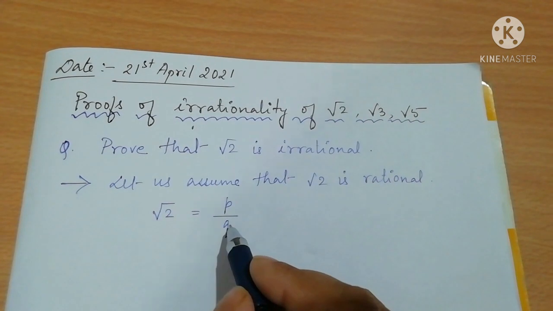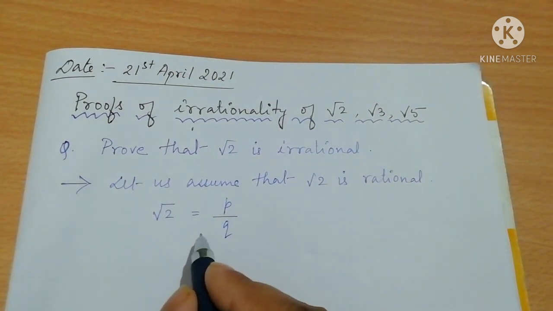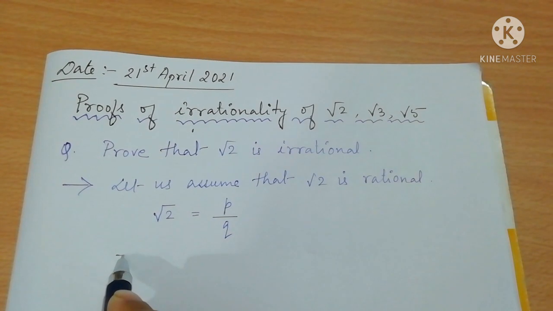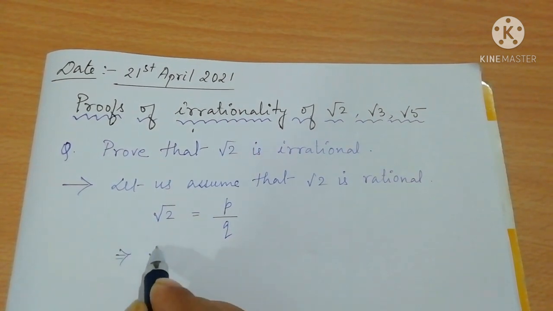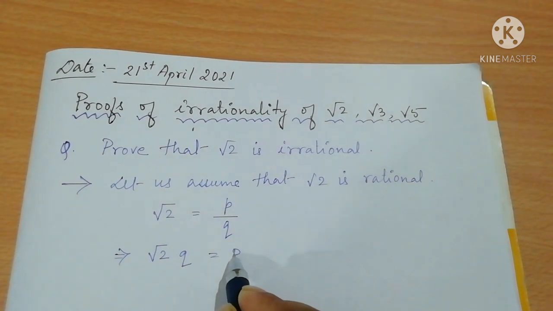Now as we have written root 2 equal to P by Q, if we cross multiply, we can write root 2 Q is equal to P.